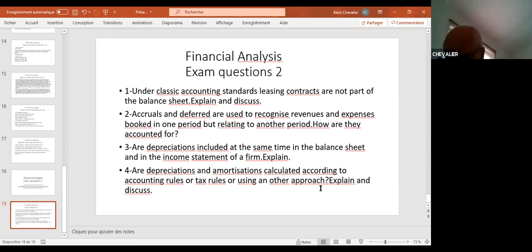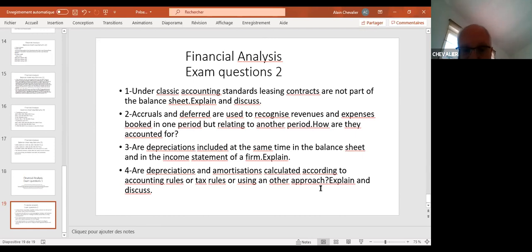And after that, we have tables in many countries. It means we have civil servants, who are supposed to know everything. And these civil servants have produced tables of depreciation for each category of equipment. It means a lorry is not depreciated like a car.